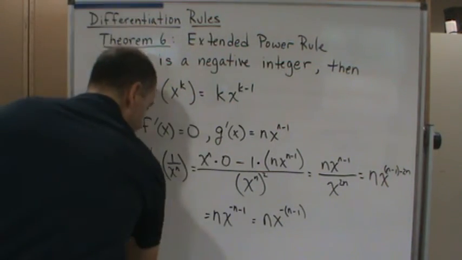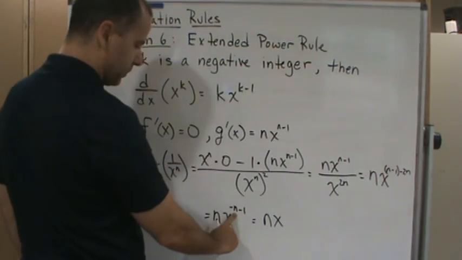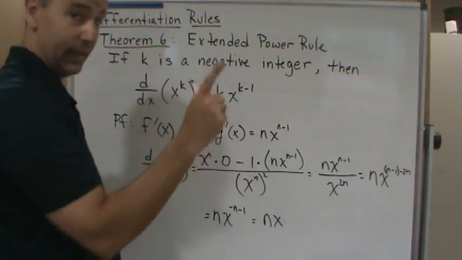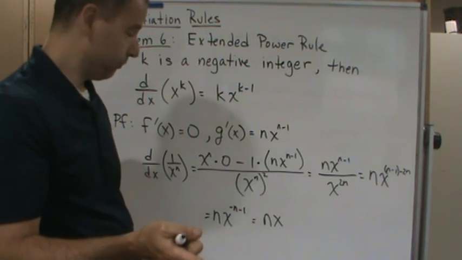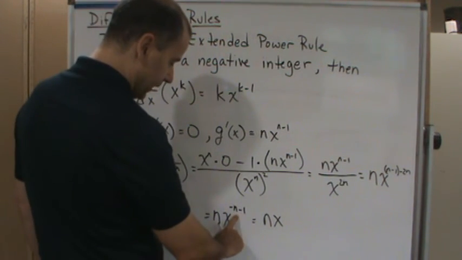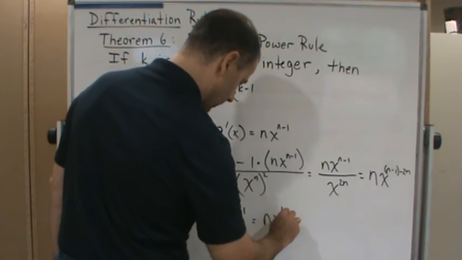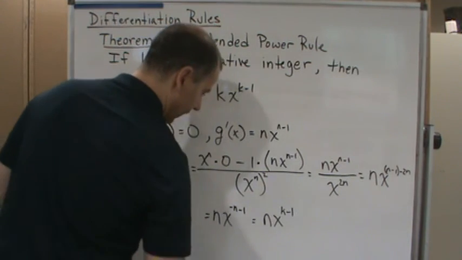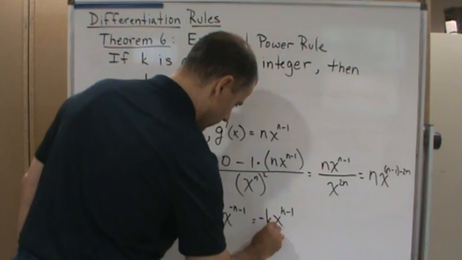Actually, hold on, we don't even need to go there, because here we can just substitute in for k. What is negative n? Up in the beginning, we defined n equal to negative k. If n is equal to negative k, then negative n is equal to k. So this becomes k minus 1, and n is defined as negative k, so this becomes negative k.